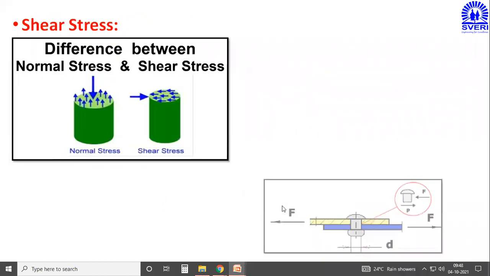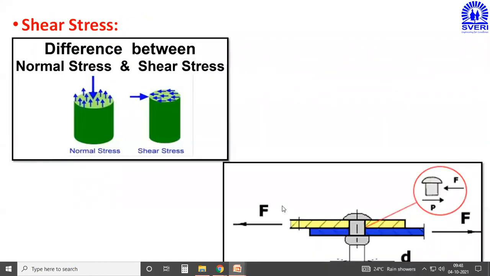Now we'll discuss shear stress. What is meant by shear stress? If you see the first figure, there are two sub figures, figure number 1 and figure number 2. What is meant by shear? In the normal stress figure, the arrows represent the direction of force.